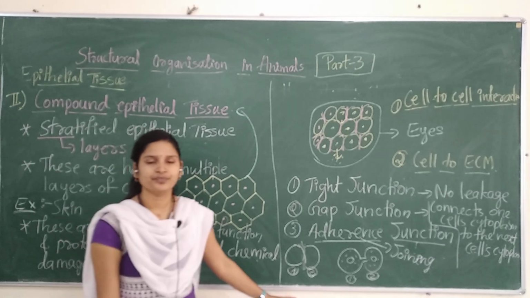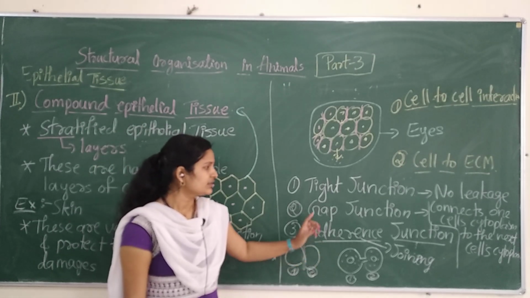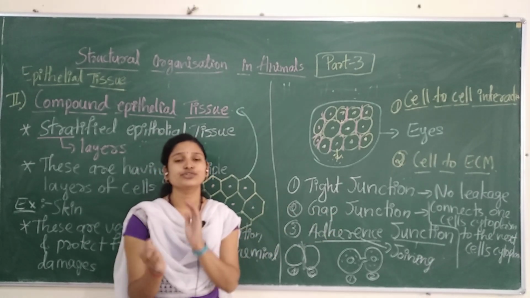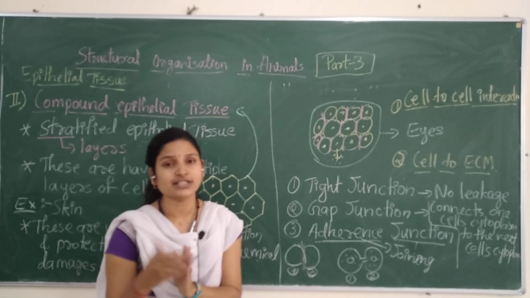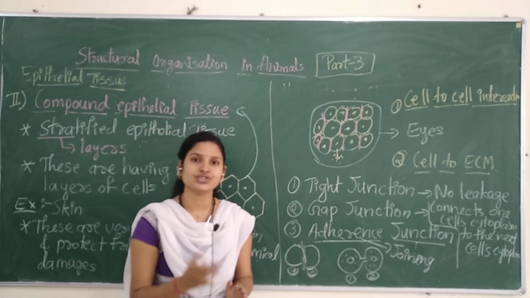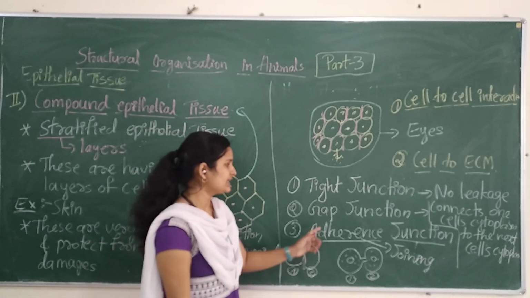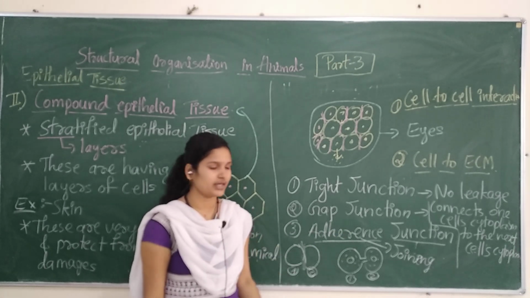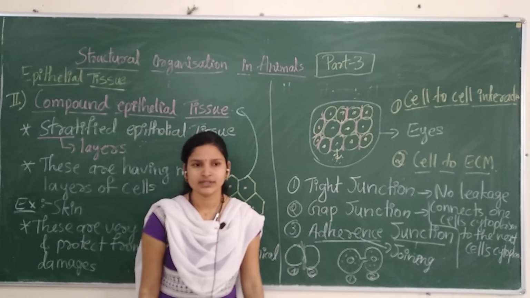Understood this much? So the gap junction connects one cell's cytoplasm to the next, so that there will be transfer of ions and rapid exchange. That is the function of gap junction. Understood till here?